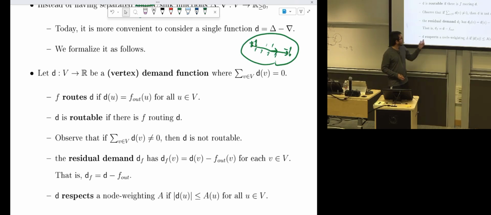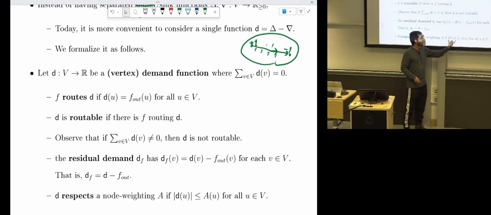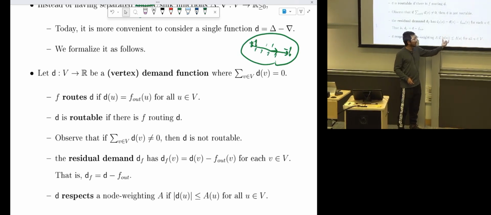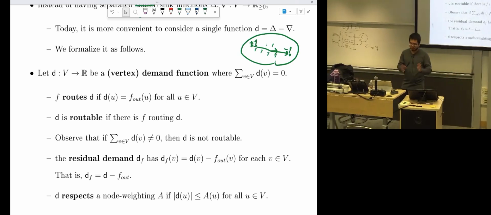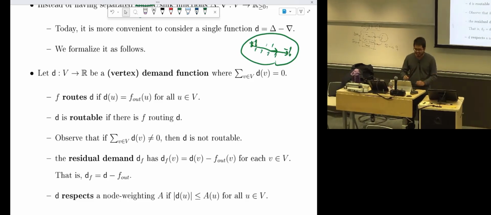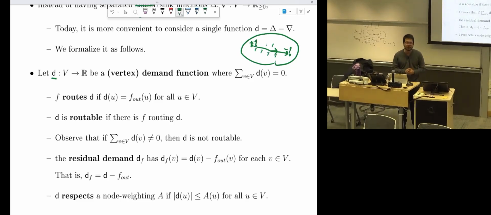And okay, we say that D respects a node weighting A if the absolute value of D is at most A on every node u. So all this is the notion that we are familiar with, but I just repeat everything in terms of this function D. Any questions about this?